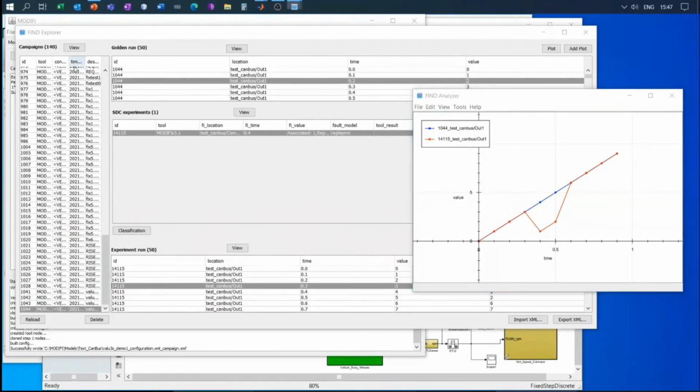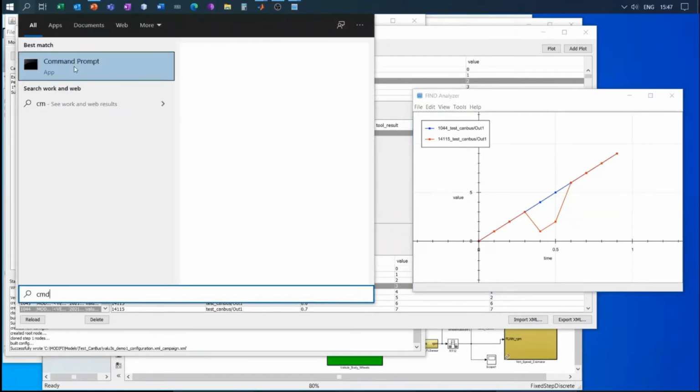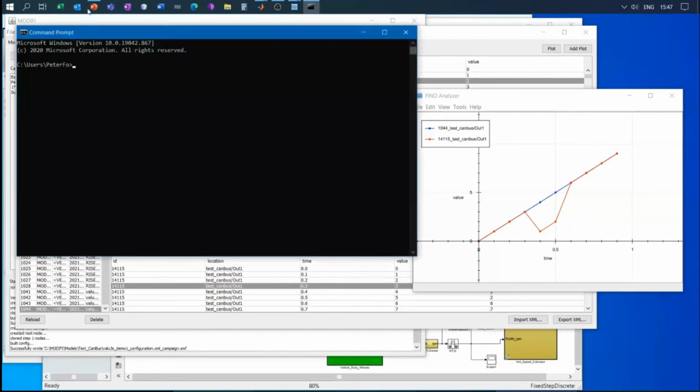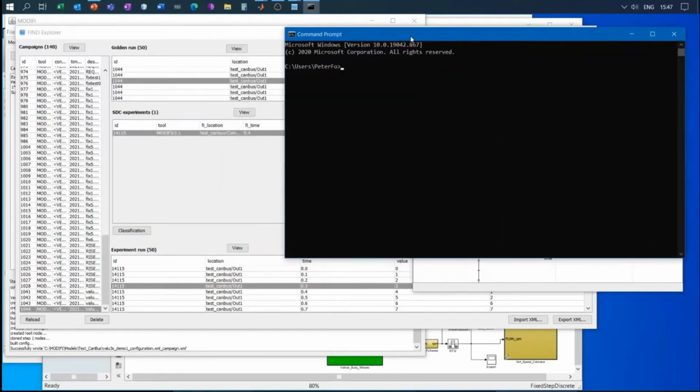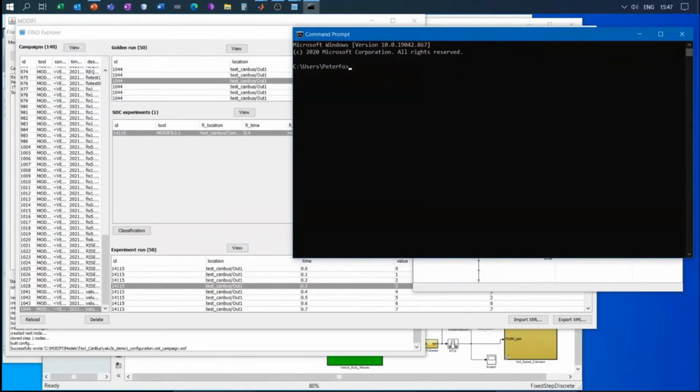Now, in order to facilitate using the tool in tool chains and automatic workflow processes, it's possible to launch the tool in the background as a batch job as well. Let's show that. And we need to pick out which configuration it should run.